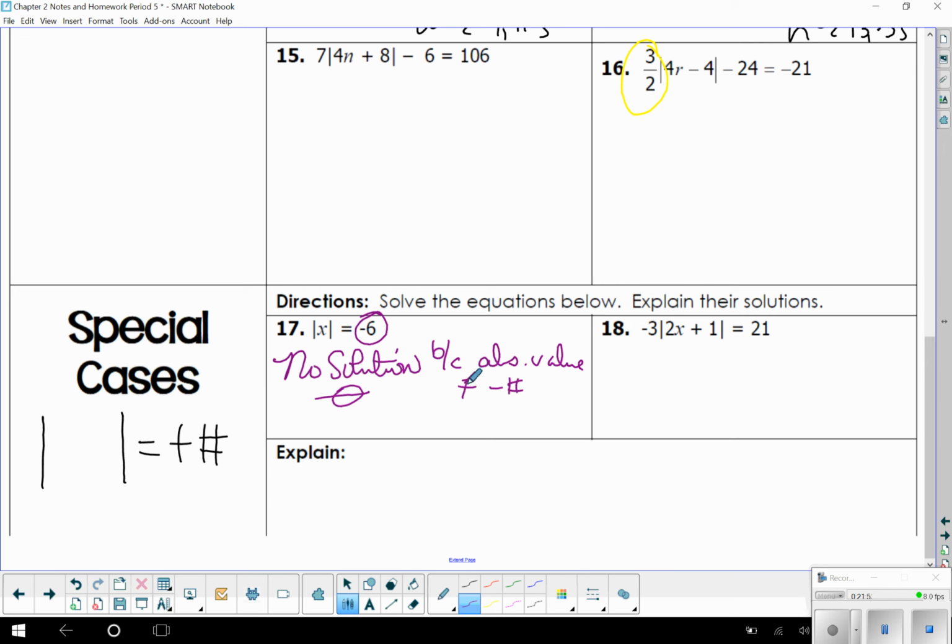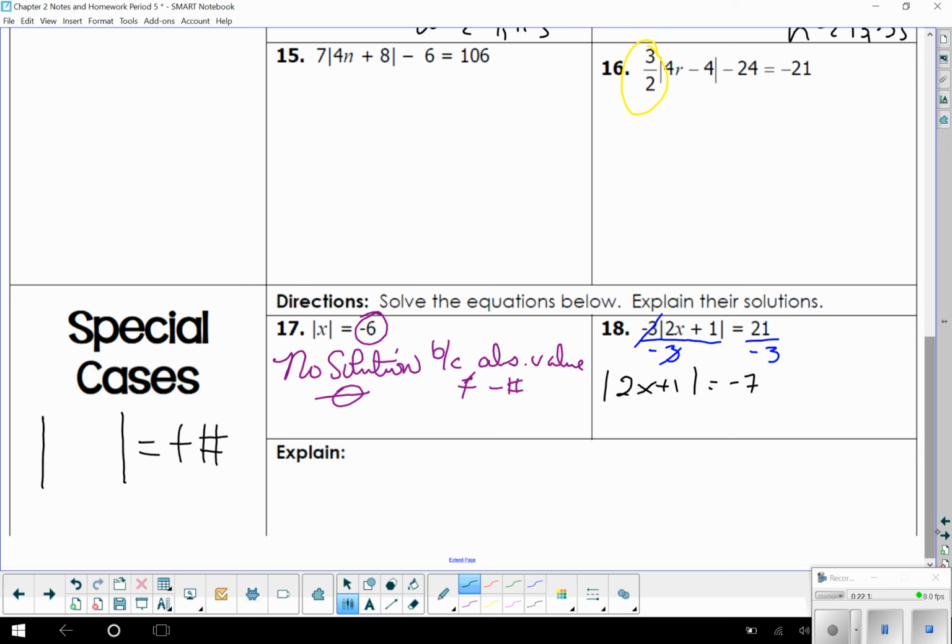Okay? So number 18, we have to get rid of this 3. So we're going to divide by negative 3. Those will cancel. Absolute value of 2x plus 1 equals negative 7. And again, we've got that negative. It doesn't work.